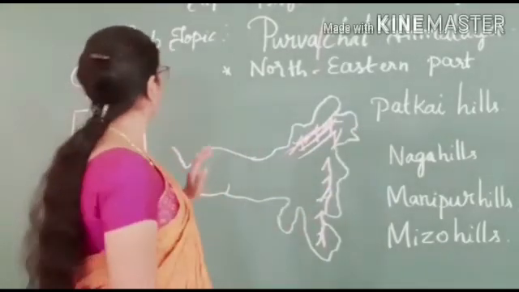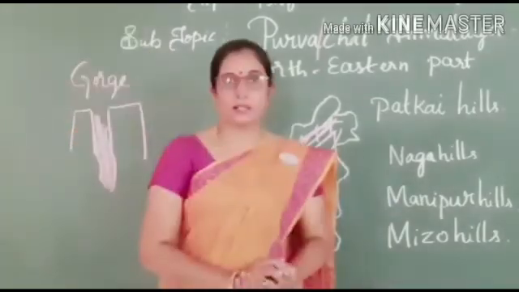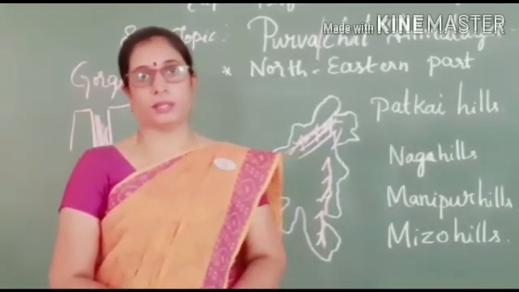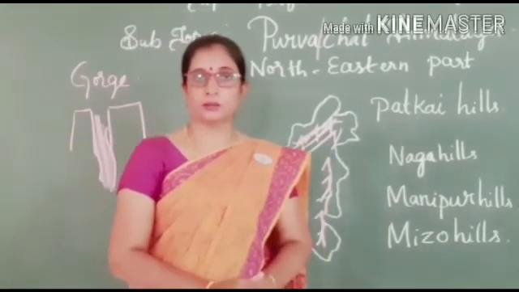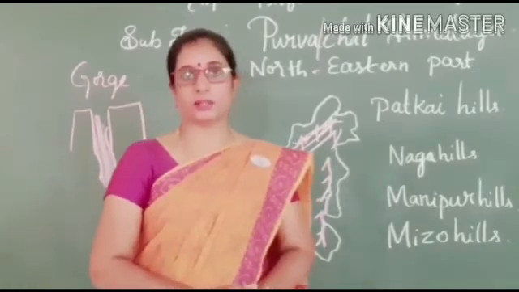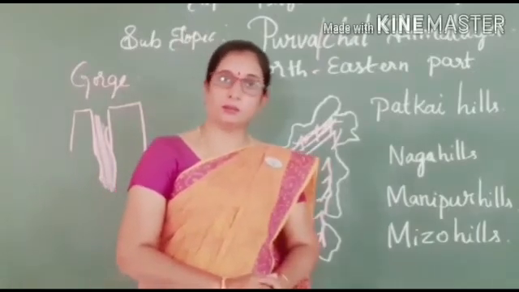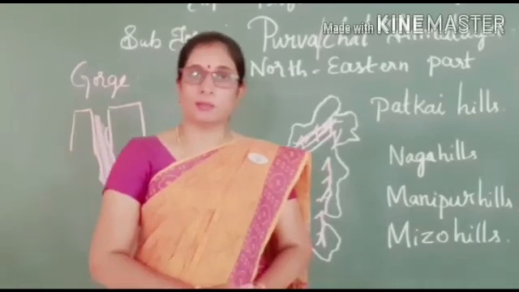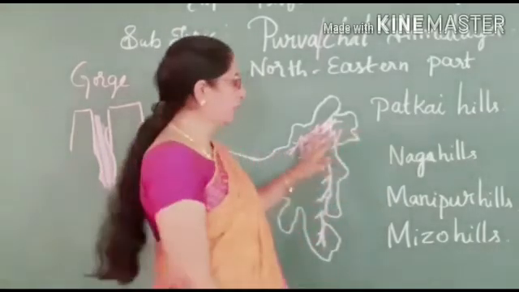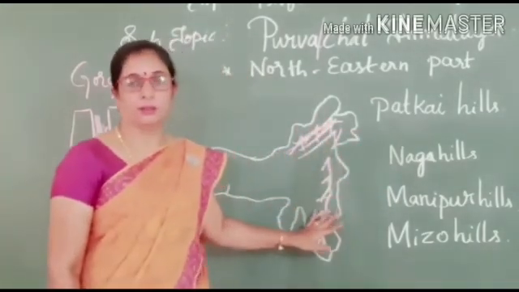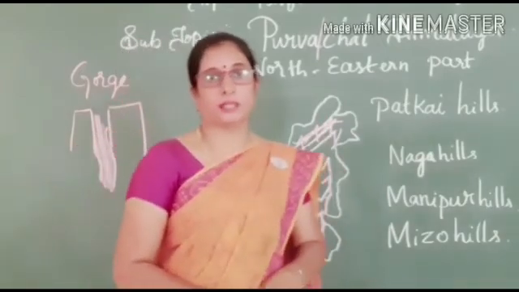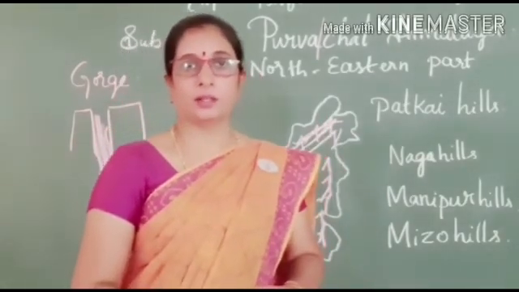Okay, children, I covered two subtopics: the longitudinal and latitudinal division of the Himalayas, including the western and eastern Himalayas, and you learnt about the Purvanchal. By this we are completing the entire Himalayan ranges topic.